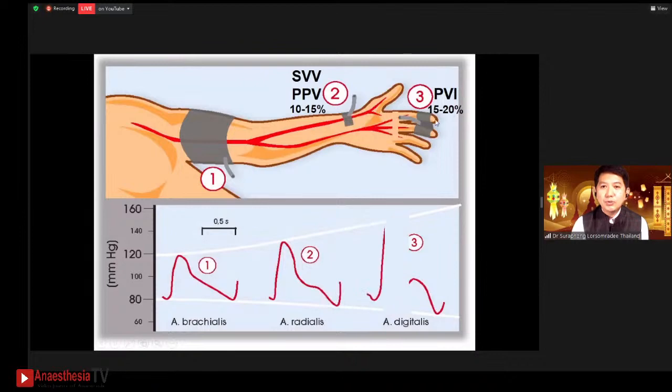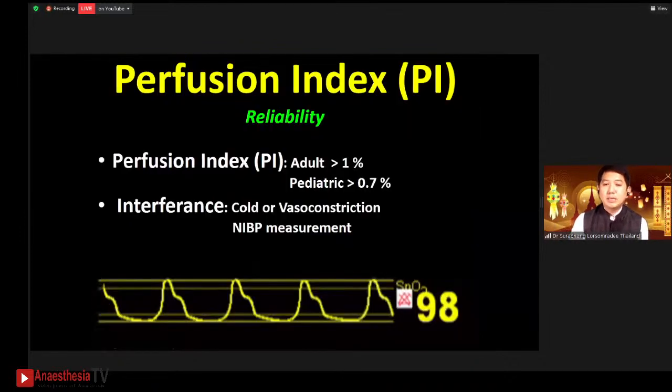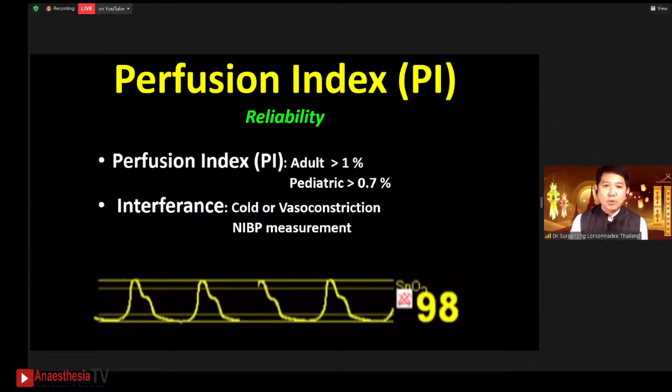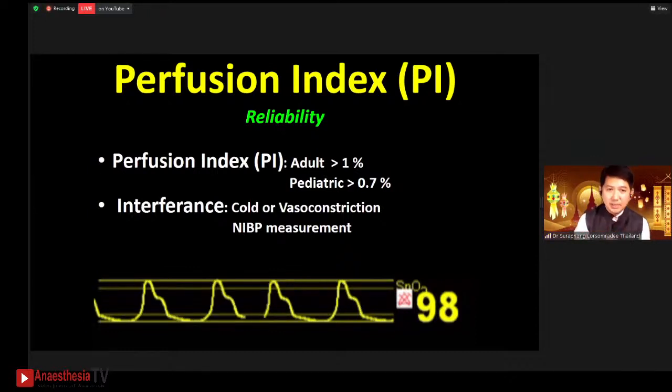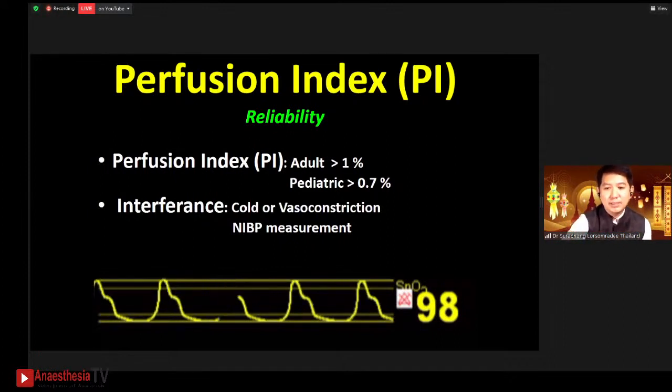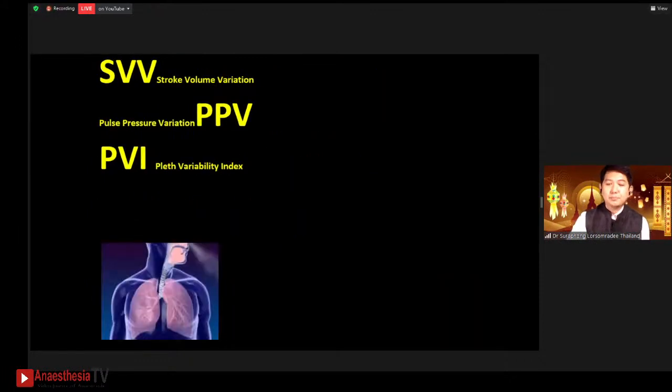And if we decide to use the PVI, we have to make sure that the blood flow to the finger is enough. We have to look at the perfusion index. The perfusion index should be more than 1% in adults and more than 0.7% in pediatrics before we analyze the PVI. And we have to use the PVI when there is no cold, no vasoconstriction, and no blood pressure measurement, to make sure that the flow to the finger is enough.